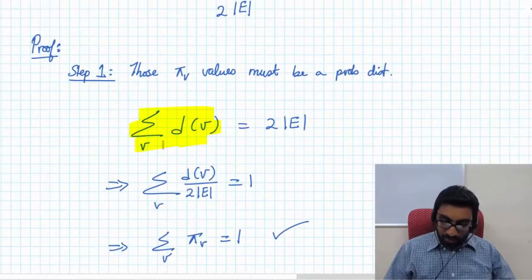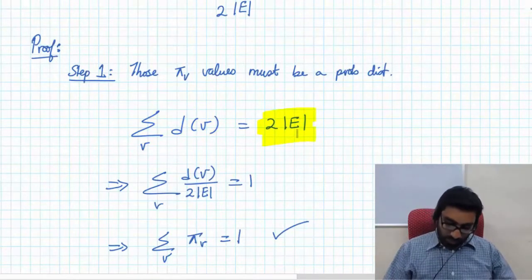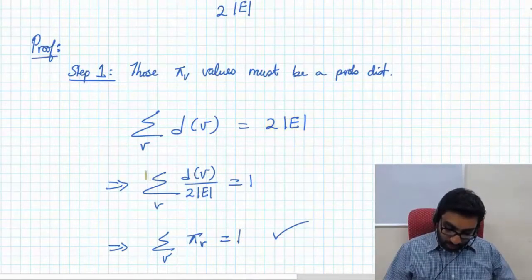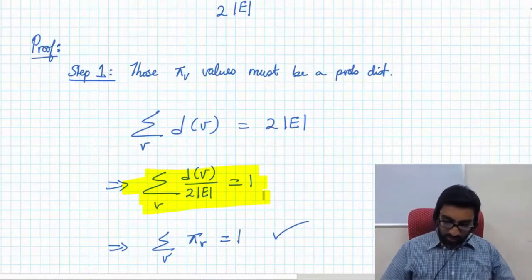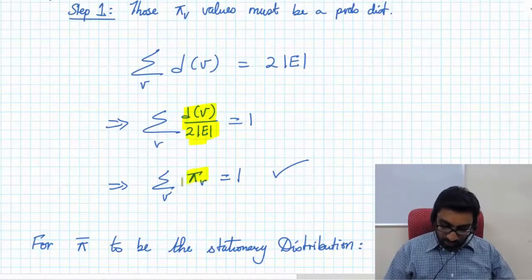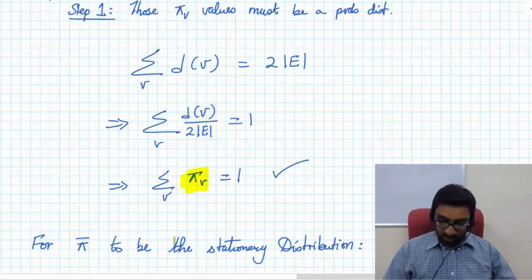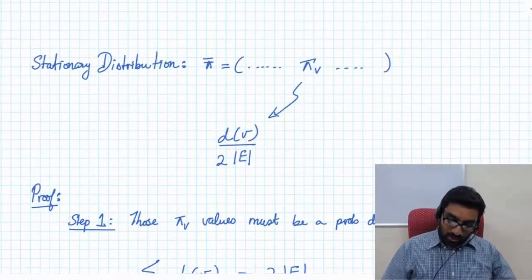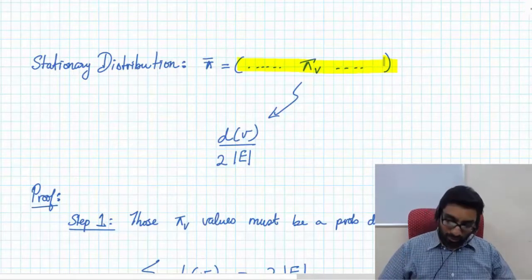Now, if you sum up the degrees, that's going to equal 2 times the number of edges. So if you rearrange, you get d_v over 2e summed over all vertices adding up to 1. But d_v over 2e is nothing but the component associated with v, and so this is exactly what we want. So we know that this vector of numbers is a probability distribution.